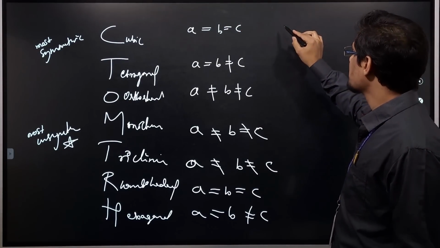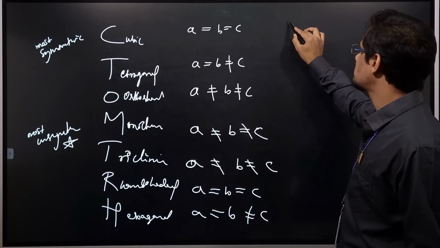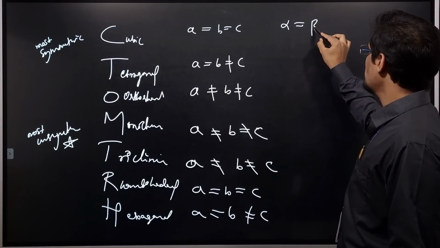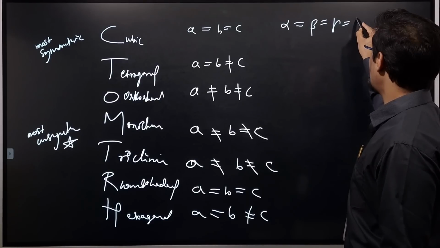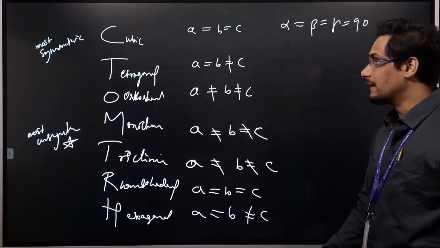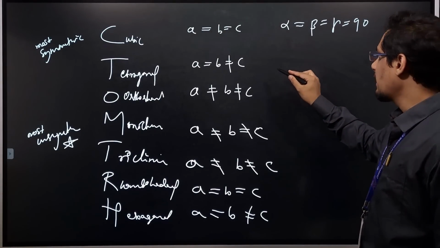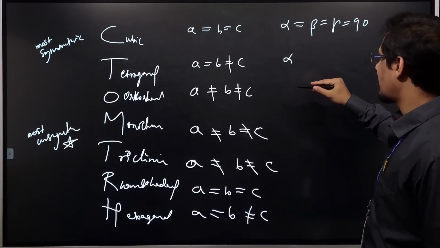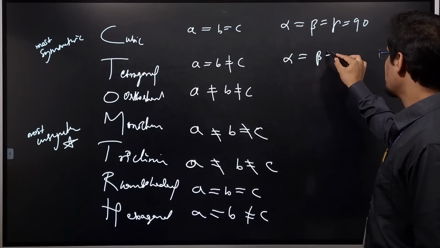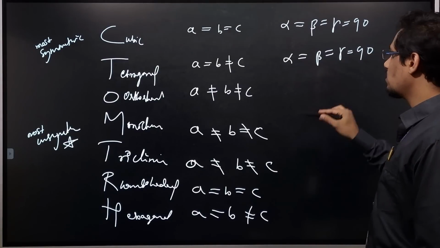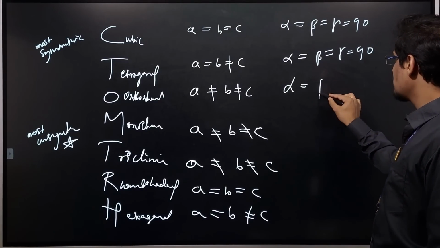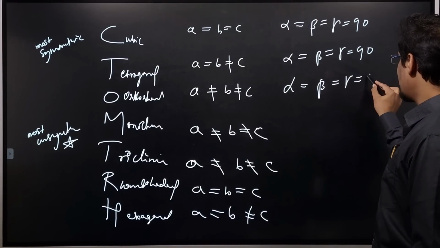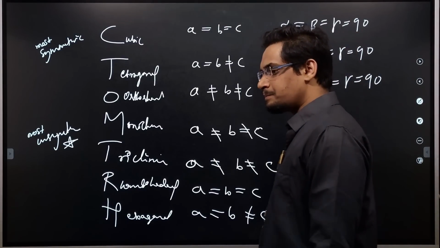For angles, as cubic is most symmetric, alpha equal to beta equal to gamma equal to 90 degrees. Tetragonal is the same, and the same for orthorhombic: alpha equal to beta equal to gamma equal to 90.